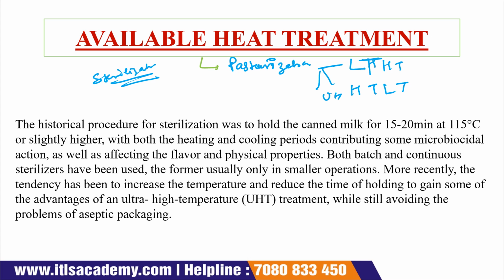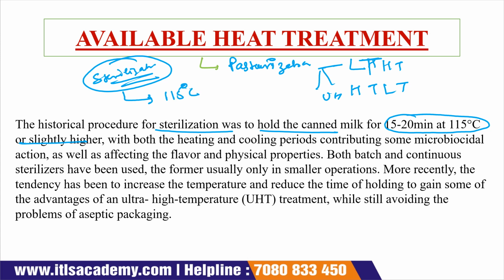Now the historical procedure for sterilization was to hold the canned milk for 15 to 20 minutes at 115 degrees Celsius or slightly above. So when we sterilize the milk, we have to keep in mind that we have to make the temperature 115 degrees Celsius or above for 15 to 20 minutes.